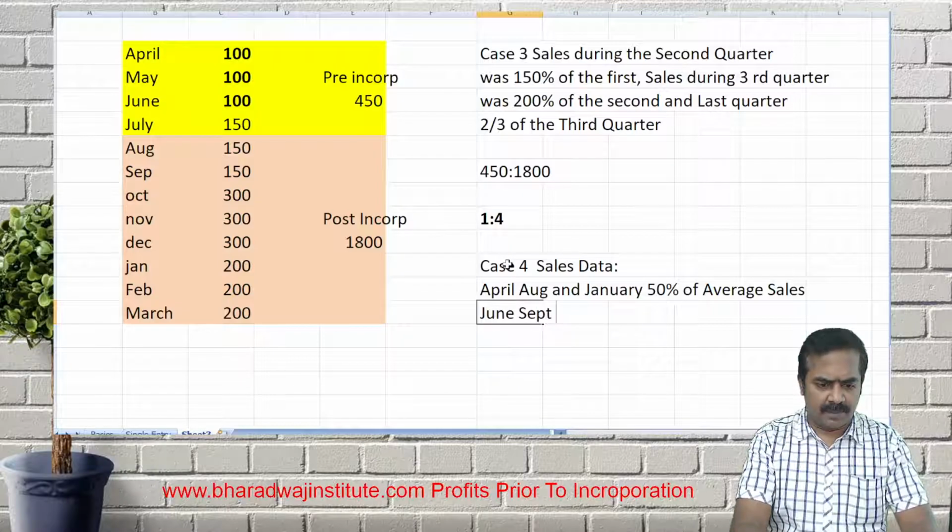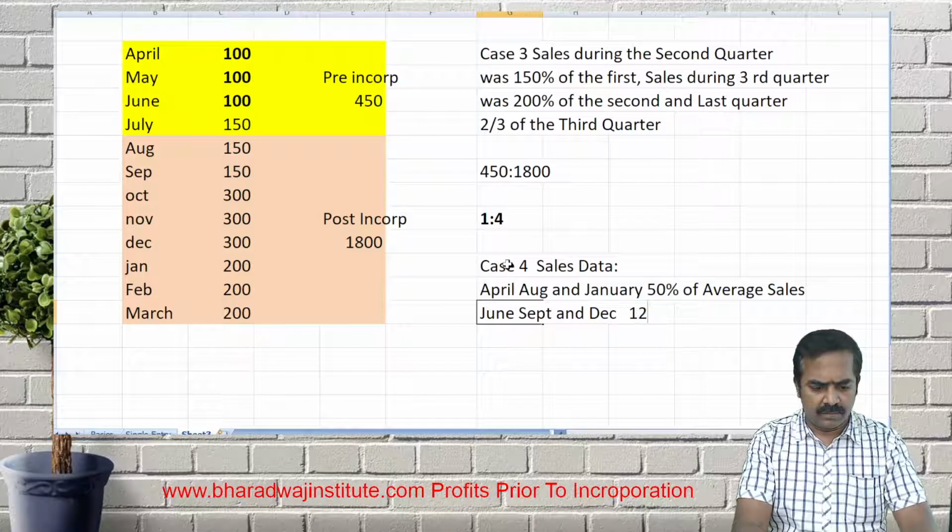June, September and December, 125% of average sales.